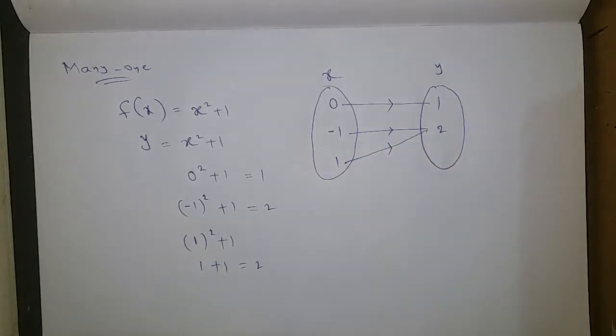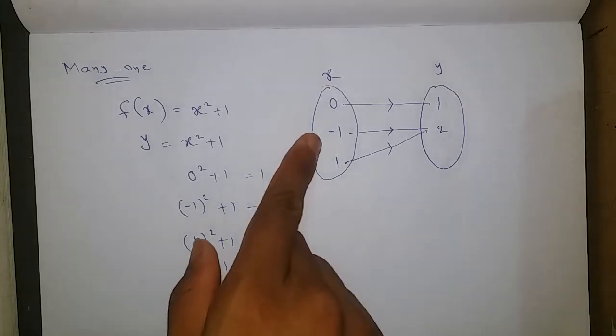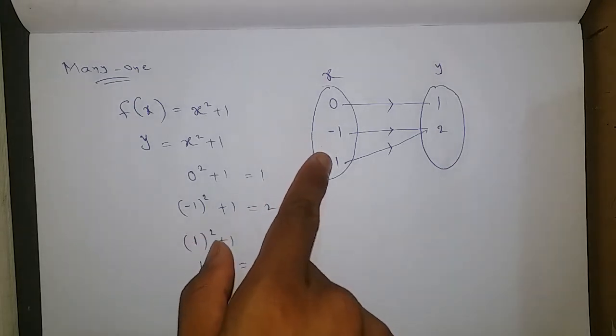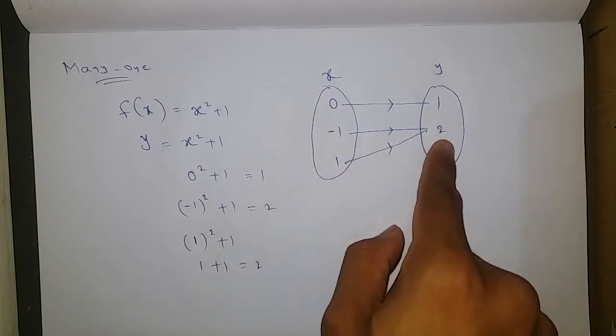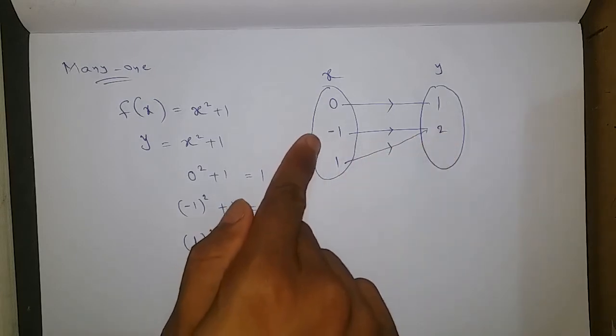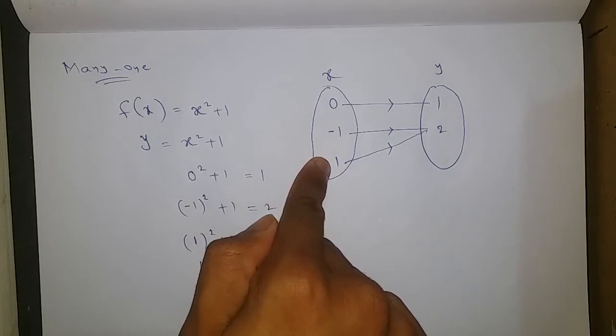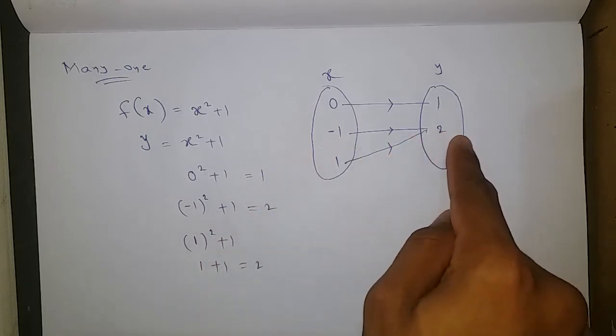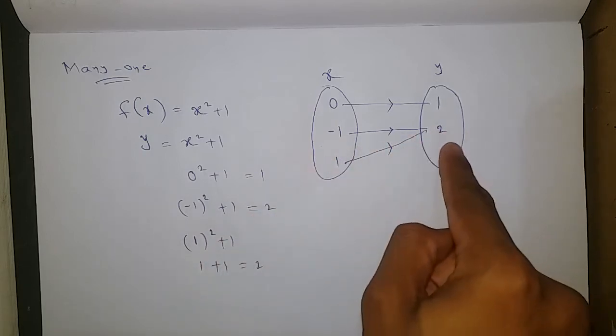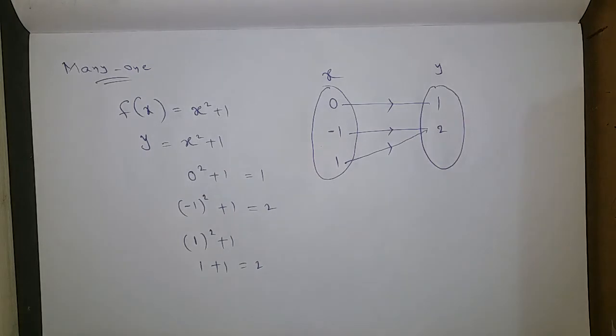So this exactly says more than one element from the set A has same image. Many elements from the set A have one image. Many one. This type of function is called many one function.